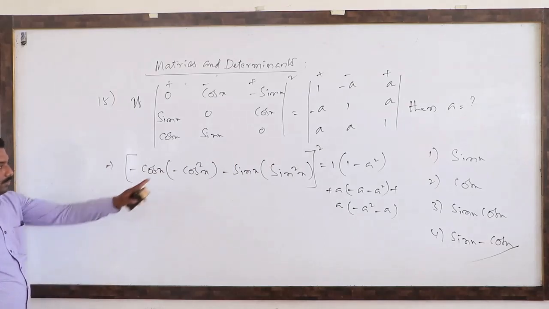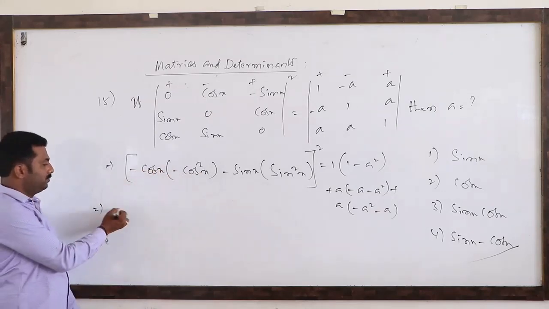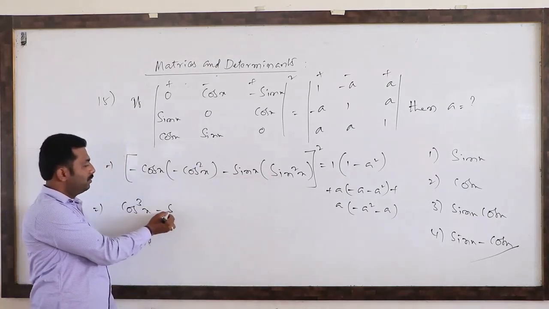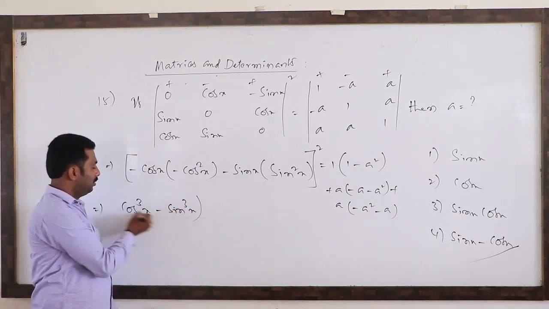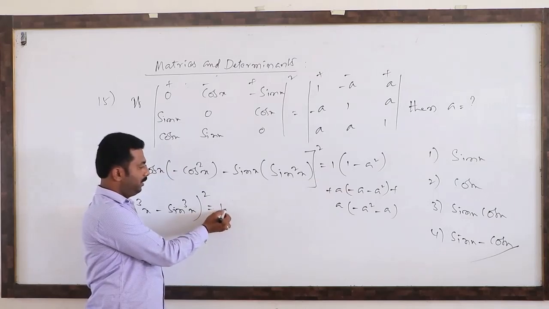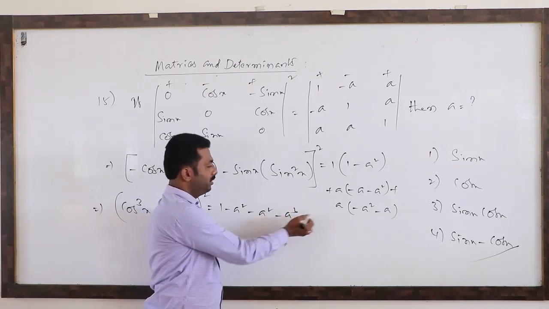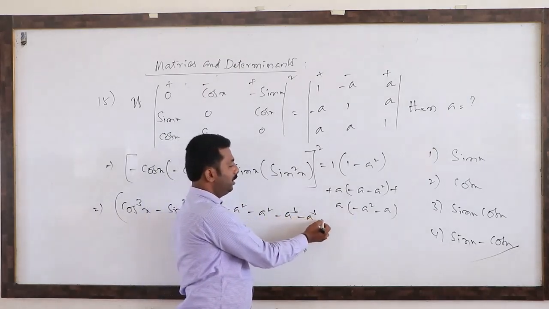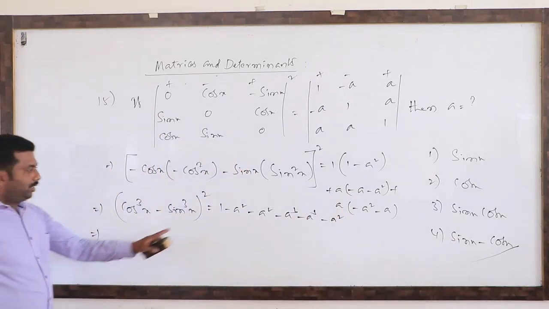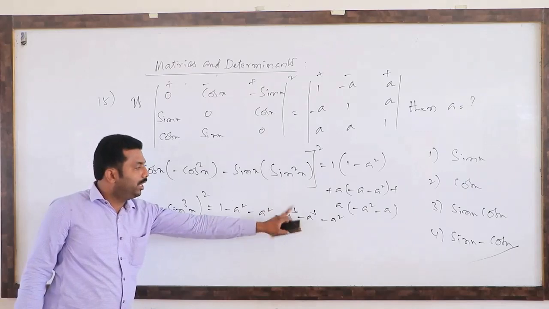So very clear, this is minus cos x into minus cos square x, meaning cos cube x, so minus sin cube x whole square. This one will simplify. What will we get? 1 minus a square minus a square minus a cube minus a cube minus a square. So you observe, 1 minus 2a square minus 3a square minus 2a cube.